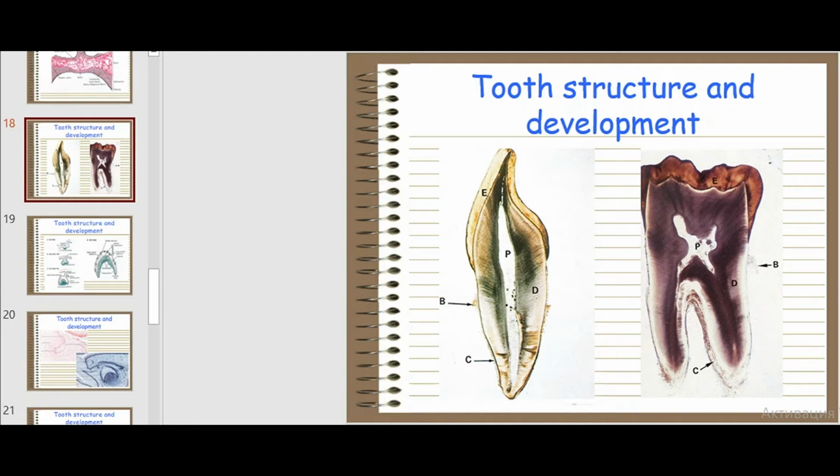Each tubule contains fluid and odontoblast processes. So the bodies of odontoblasts take place in the central pulp cavity, in the peripheral part of the pulp, and they send long processes which are located inside dentinal tubules together with a little bit of fluid.